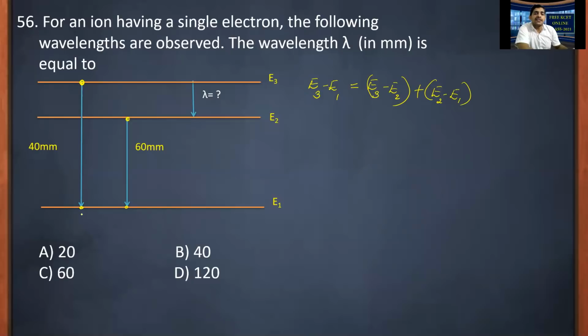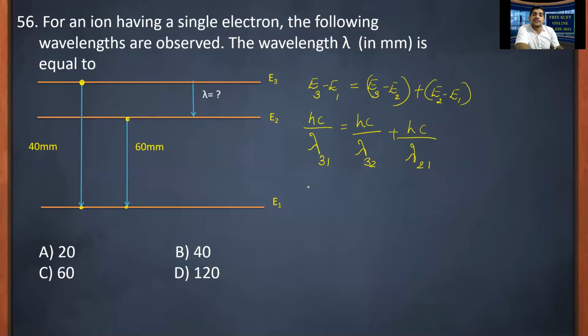E3 minus E1 is nothing but the energy of the photon emitted when the electron jumps from 3 to 1. So I can write this as hc by lambda 31, that is equal to hc by lambda 32 plus hc by lambda 21.